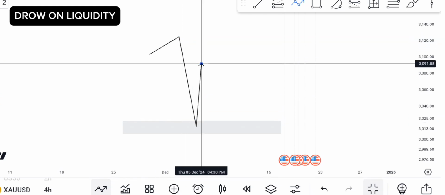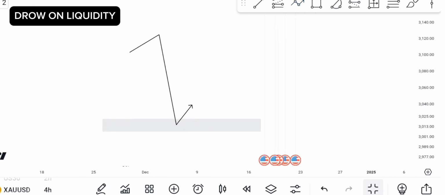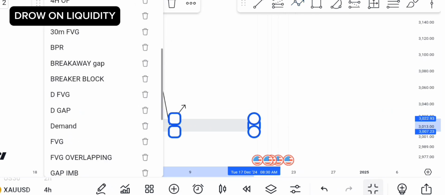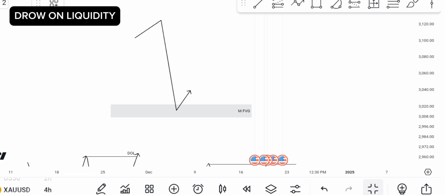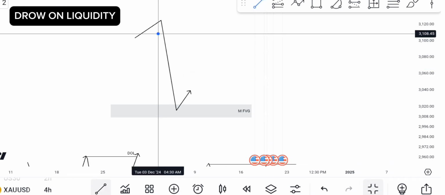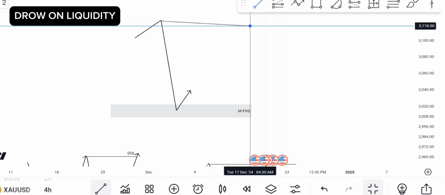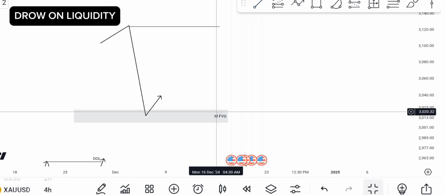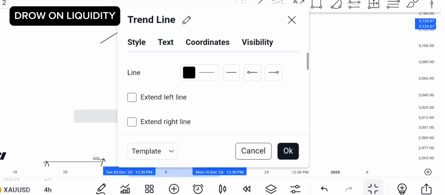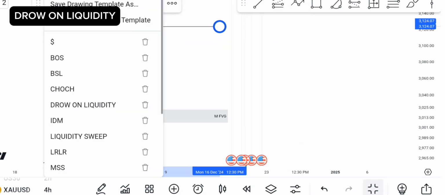It is this high. This is a monthly fair value gap, and the draw on liquidity is this swing high point. According to the monthly time frame we are bullish, so our TP is this swing high, the draw on liquidity.